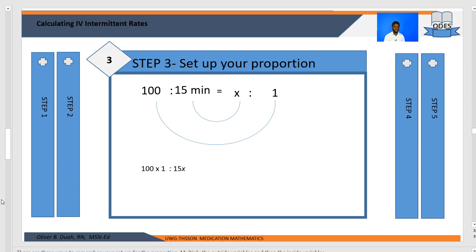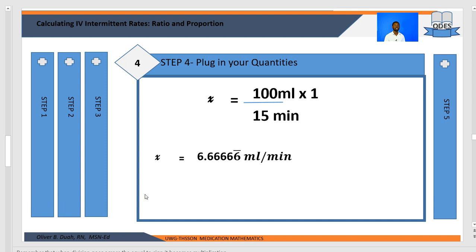And if we want x, then we have to divide each side by 15, and x will be equal to 100 ml over 15 minutes, which is going to give us 6.666. This bar right here means that the number is recurring. So we're going to have 6.6666 to whatever extent ml per minute.